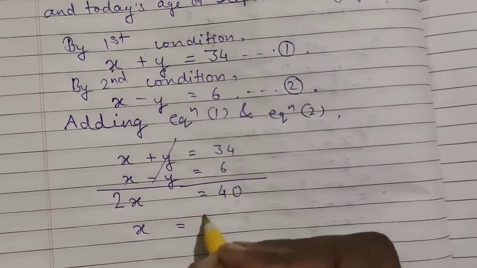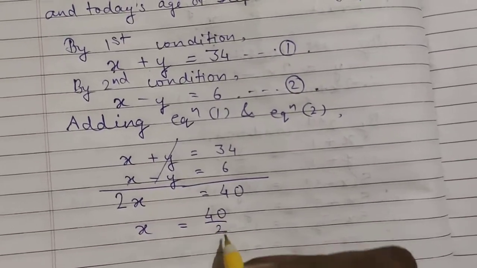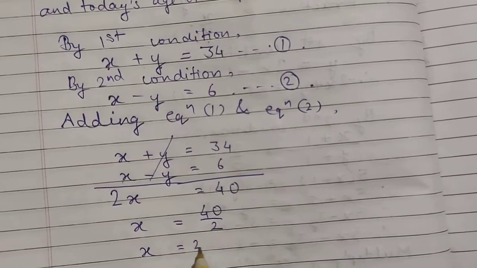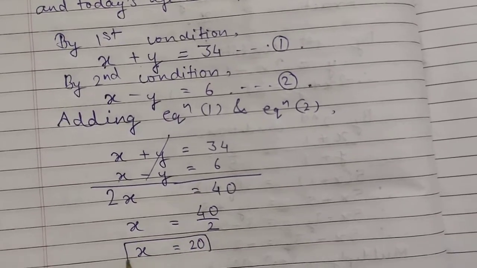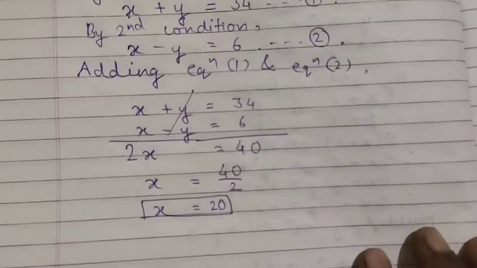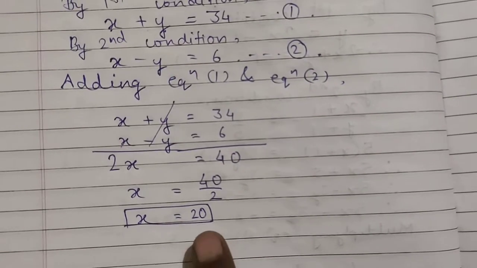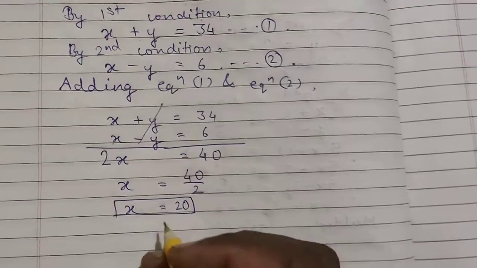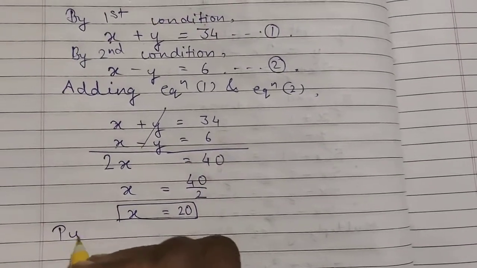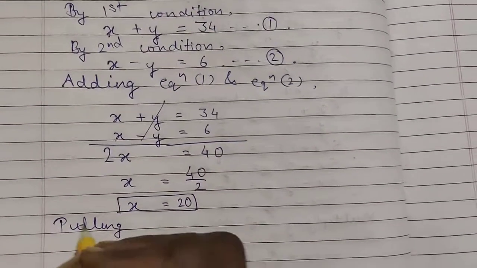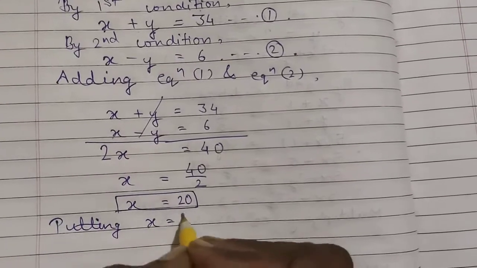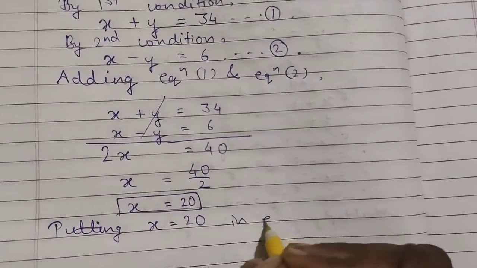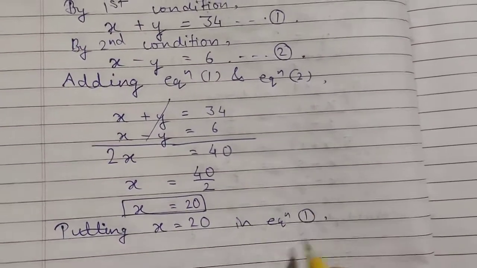So x is equal to 40 upon 2, and if you do 40 upon 2 you will get 20 because 2 twos are 40. Okay, now put this value of x in first equation so that we will find out the value of y. So putting x equal to 20 in equation number 1.